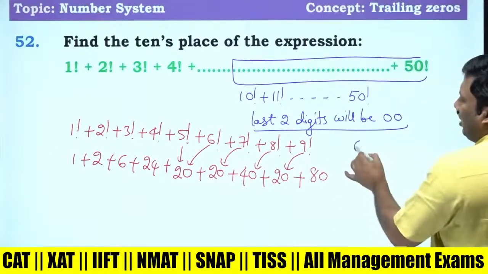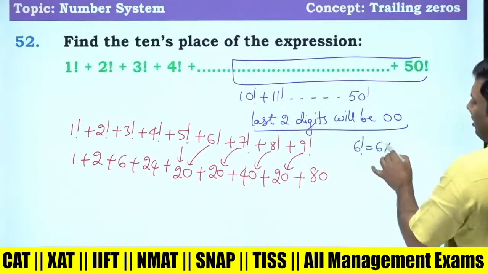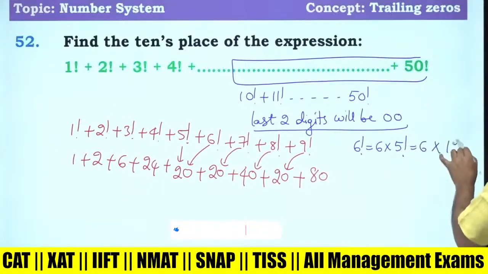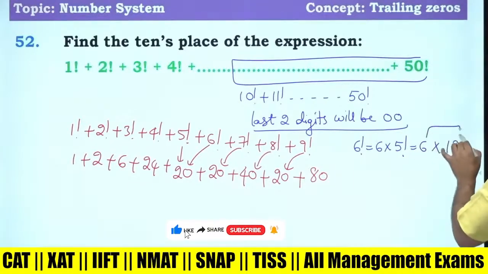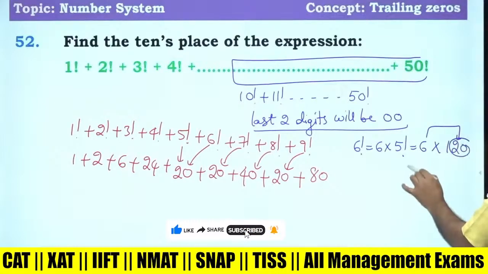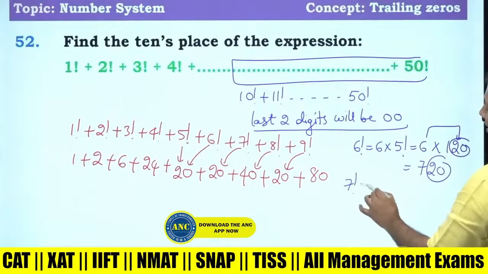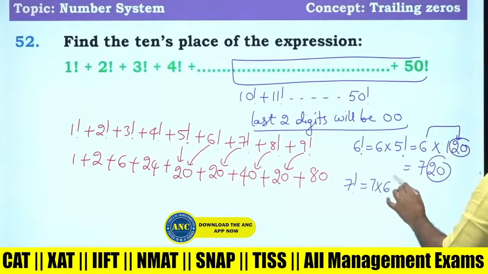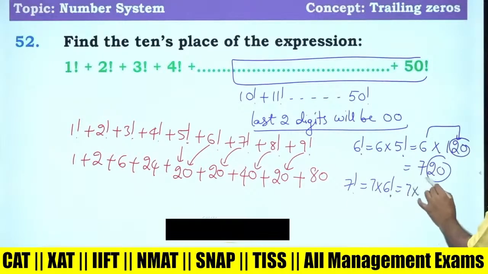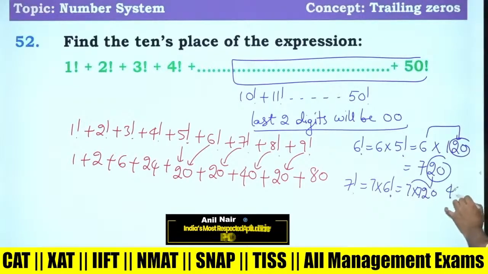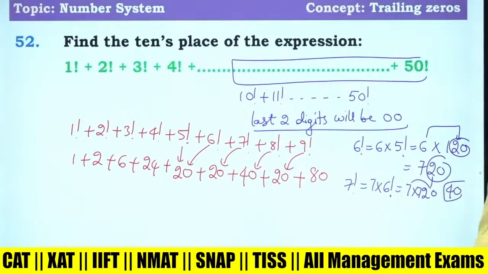Why? Because 6 factorial is 6 into 5 factorial. 5 factorial, it is 120. Only the focus is on last two digits. 6 into 20, it is 720. Last two digits only focus. 7 factorial is 7 into 6 factorial. 7 into 20, 40.